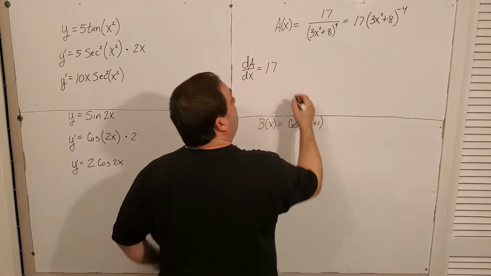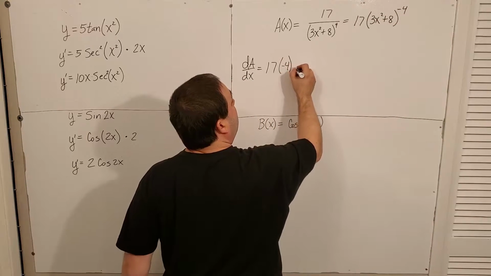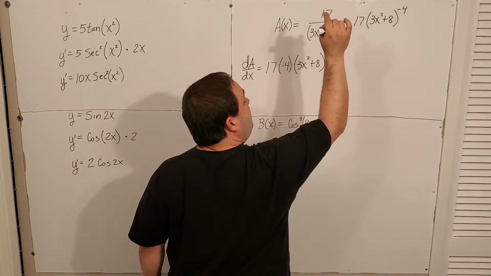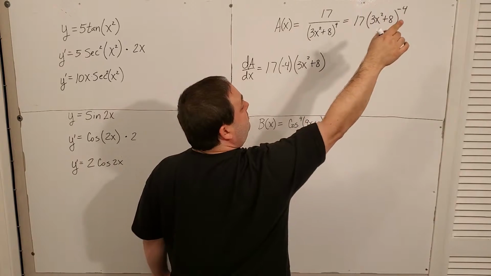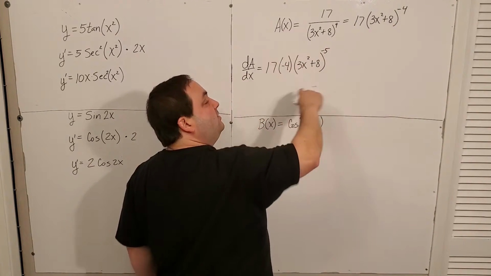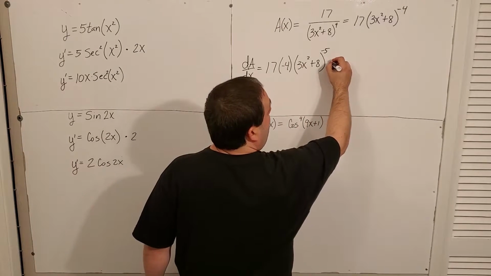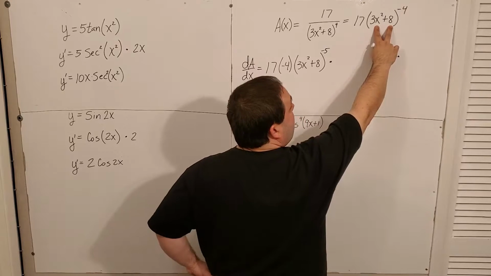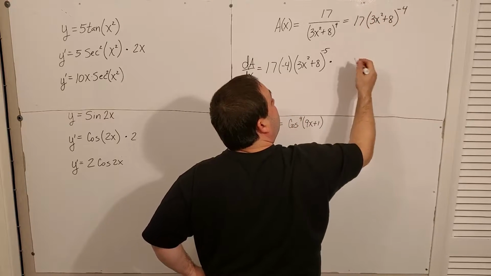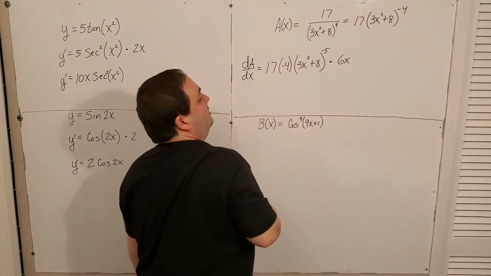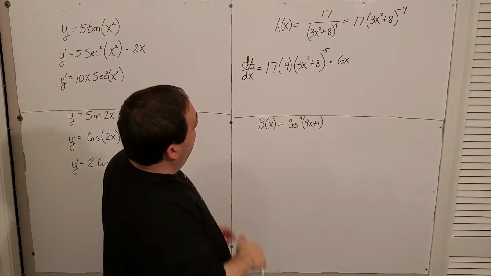I can drop times the negative 4 times 3x squared plus 8. Negative 4 minus 1 is negative 5. That's the outside derivative times inside derivative of 3x squared plus 8. Well, I've got 2 times 3 there. That's going to be 6x plus 0. So just the 6x. Alrighty then.